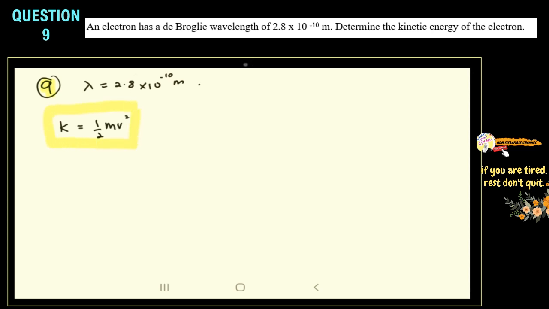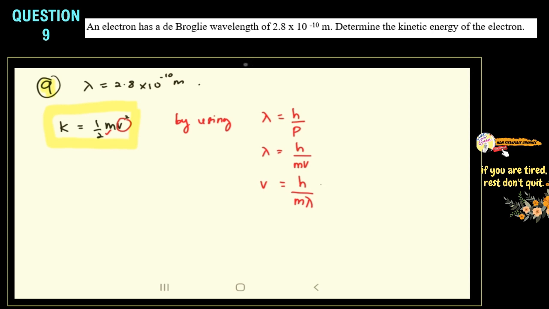Now we have a problem in order to solve for v. This is the mass of the electron, but we don't know the velocity of the electron. By using the de Broglie equation for a particle, lambda is equal to h over p, and p stands for momentum. So lambda is equal to h over mv, and from here v is equal to h over m lambda.